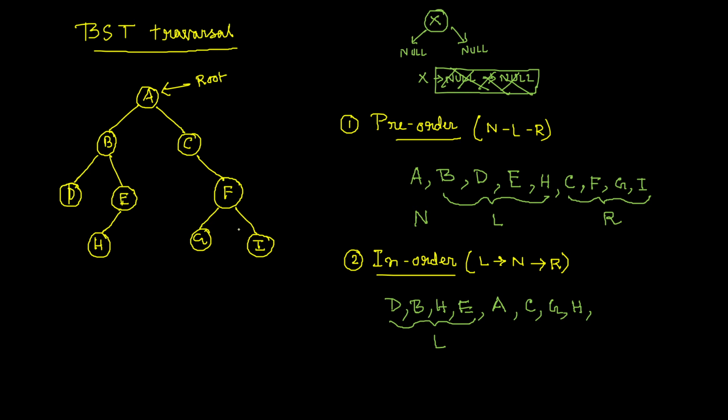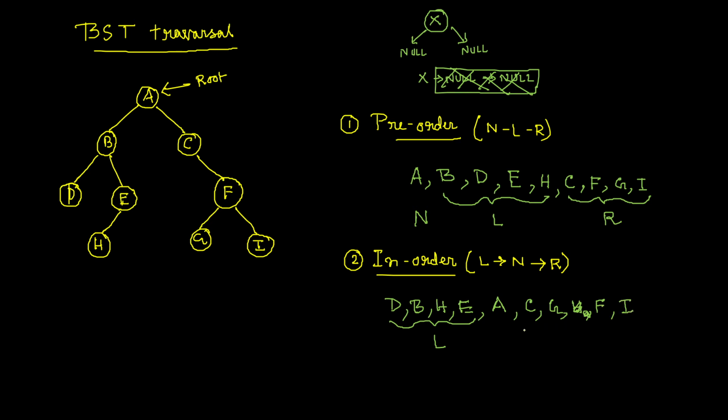And if it is done, then I can go for I, and I can see that I is again a leaf node, so I can print I. G, I'm sorry, it's not H, it should be F, and then I.